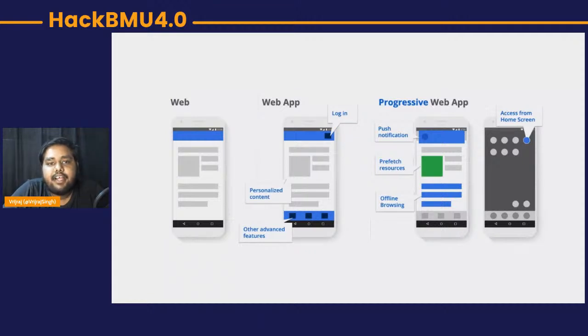If I'm using the Android operating system and I run a website in my Chrome browser, there will be an add to home screen pop-up, and you will be able to install that website as an Android application, which will look like a native application. Similarly, if you open twitter.com in your browser, there is an add to home screen button, so that your website is converted into a native application.